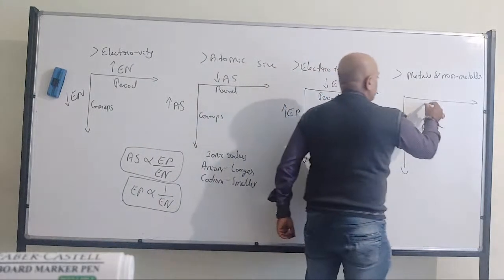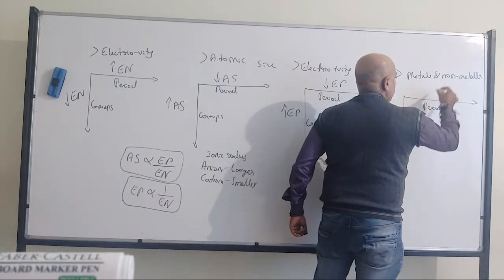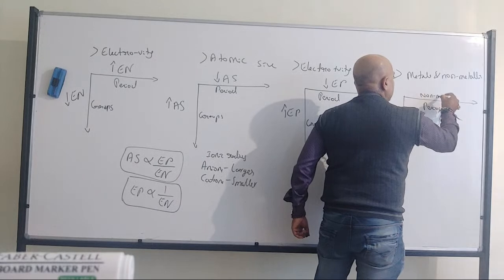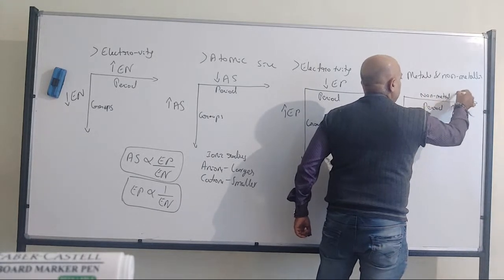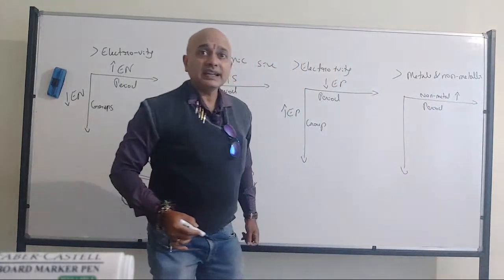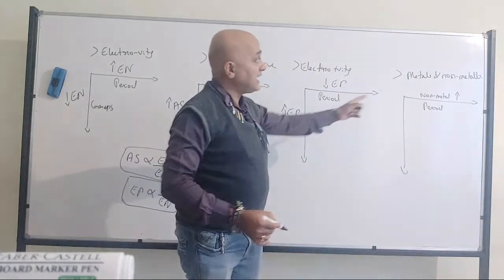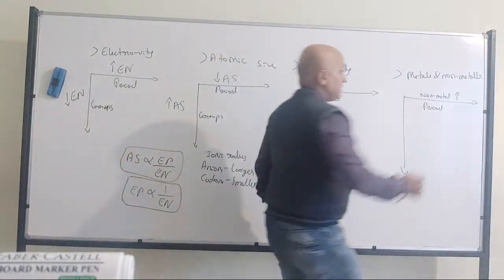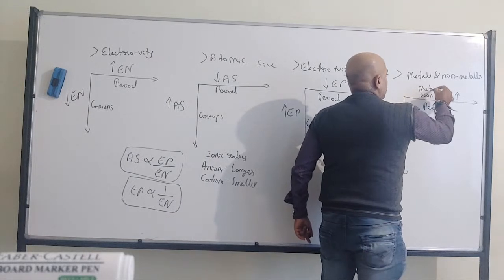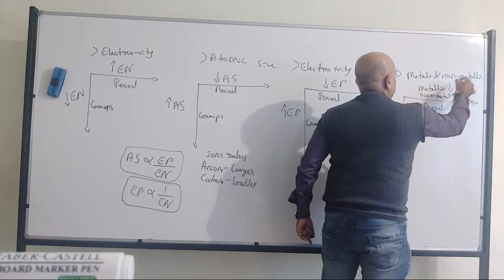Across the period, non-metallic character should increase because electronegativity is getting increased. But at the same time, metallic character is going to decrease.